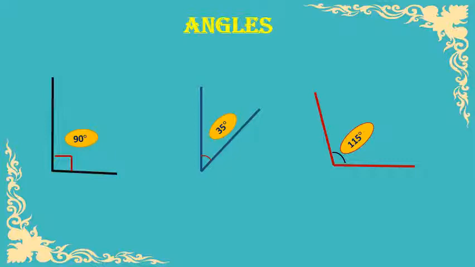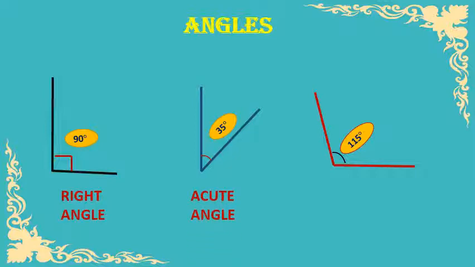Now we will see the names of these angles. This is a right angle because it measures 90 degree. When the angle is equal to 90 degree, then that angle is called a right angle.